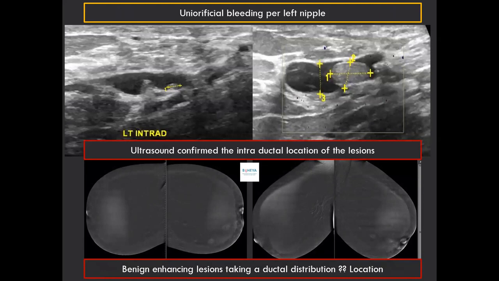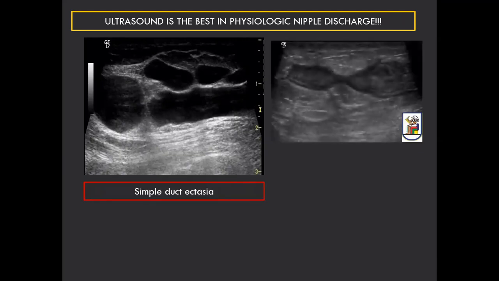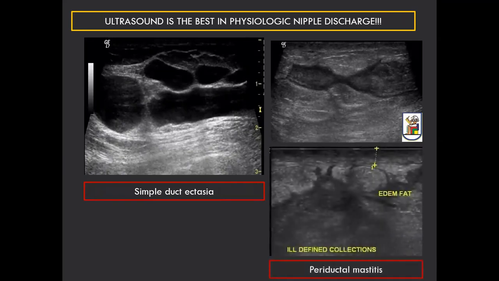While with a simple look on the ultrasound examination, we can see that these lesions are present within a dilated duct. They are intraductal papillary lesions, which are evidently seen. And actually, ultrasound is the best modality in assessing nipple discharge because it can tell us whether we have simple duct ectasia, duct ectasia with retained secretions, or duct ectasia with retained secretions with additional periductal inflammatory reaction.